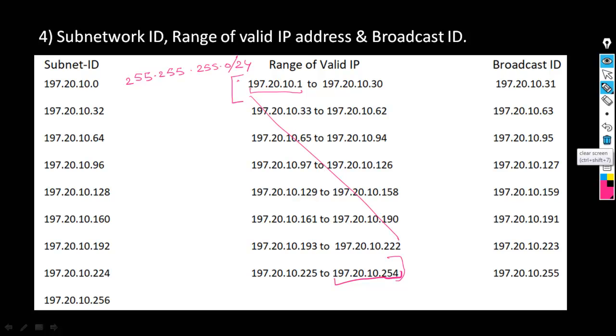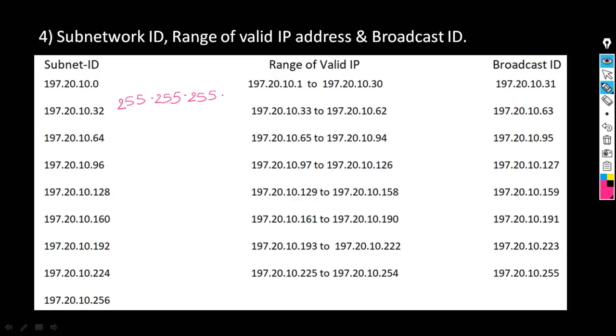But now, since we are using the subnet mask 255.255.255.224/27, and a single network will be divided into 8 subnetworks, these IPs will be able to communicate with each other, but they won't be able to intercommunicate.